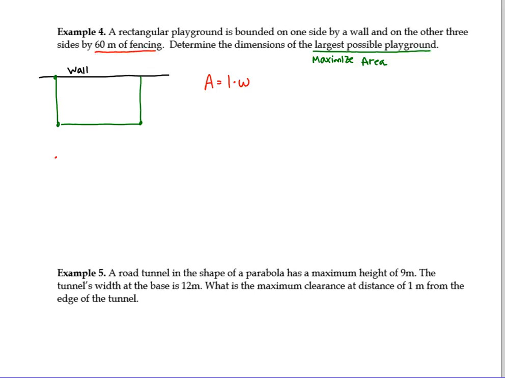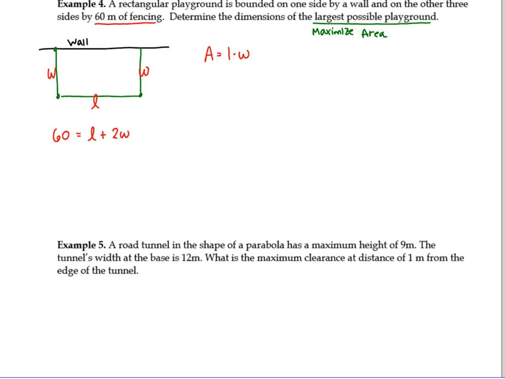And 60 meters is made up of what? One length and two widths. So let's isolate which variable? L. So length is equal to 60 minus 2w. We'll subtract 2w to the other side.